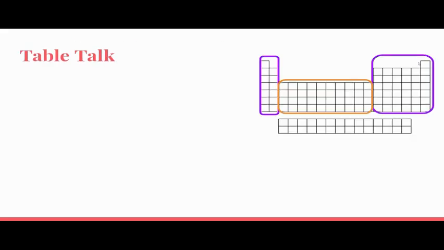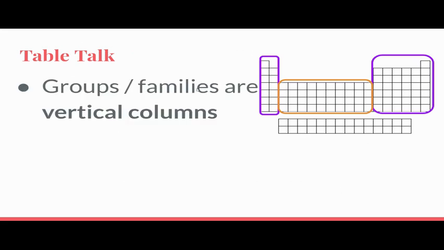So looking at the top of those notes, just some terms that were also in the coloring directions, but just to review them here. Groups or families are the vertical columns on the periodic table. For example, on the far left side here in purple, there's one family and then a second family. There are some shorter families here in orange. Each one of those families is only about 4 elements tall.